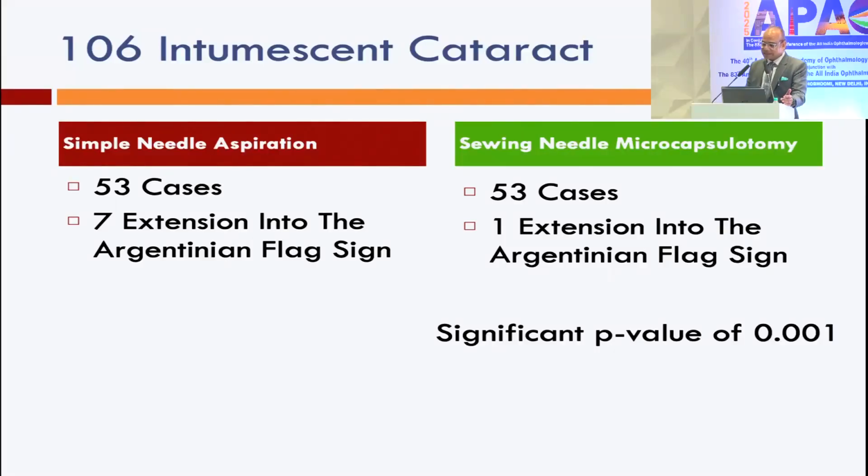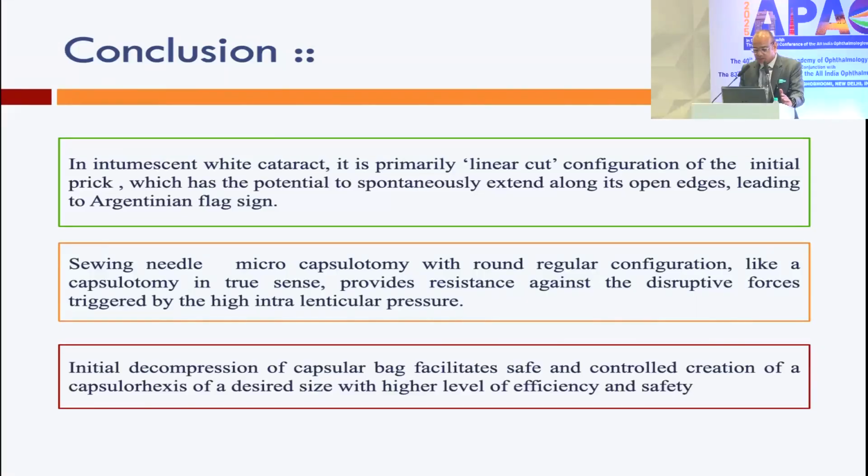These were the results: of 53 cases of small needle aspiration, 7 extended into the Argentinian flag sign, whereas with the sieving needle, 1 extended, a significant difference with a p-value of 0.001.